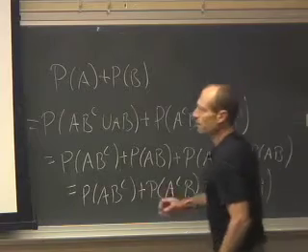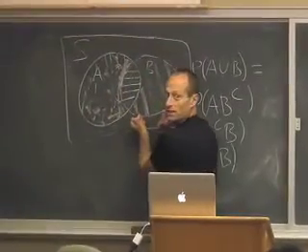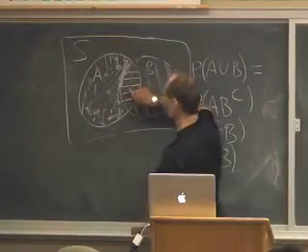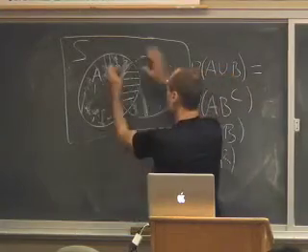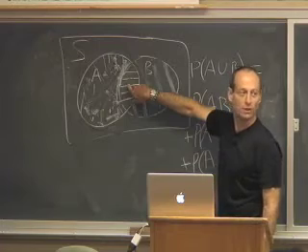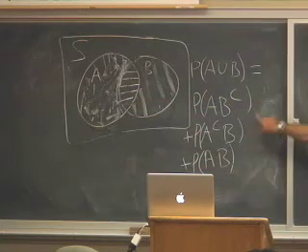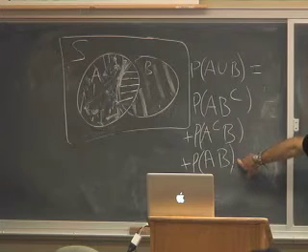Right? If I take the area of this plus the area of this, I've counted the area of the intersection twice. So for the area of the union, I've got to subtract off one of those intersections because I counted it twice. This sum is the same as that, except this only counts the intersection once.